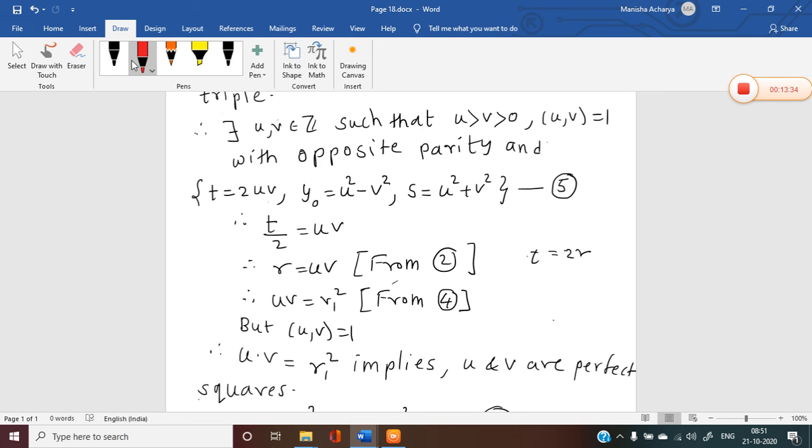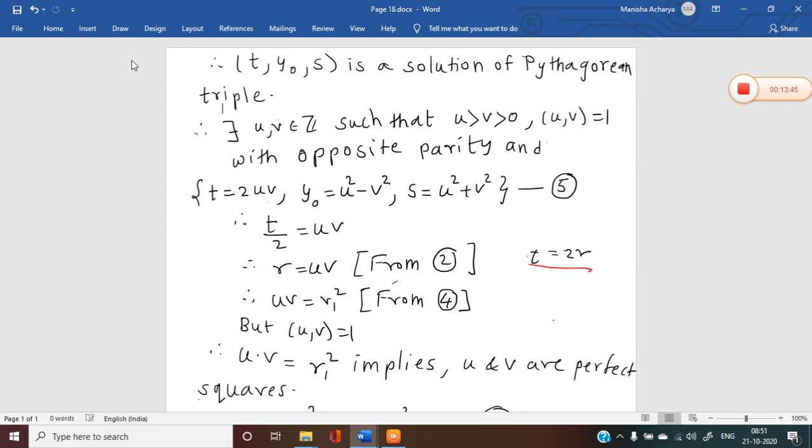Please see the previous page while reading, that t is equal to 2r from equation 2, and therefore t by 2 is equal to r, which is equal to uv. Again, you must be remembering that we defined in equation 4 that s is equal to s1 square and r is equal to r1 square. We have got s and r as perfect squares, so that is what we are using here, that uv is equal to r1 square.